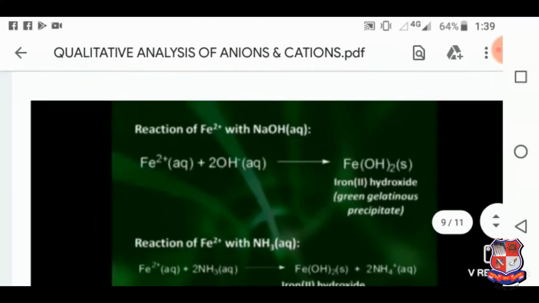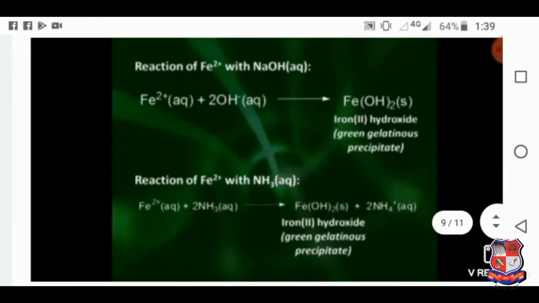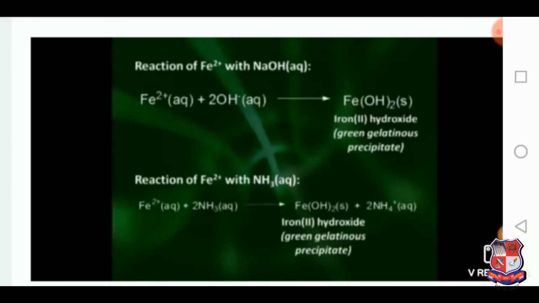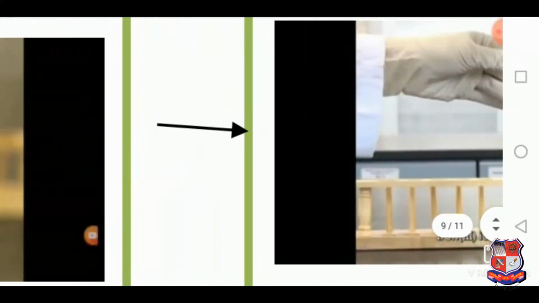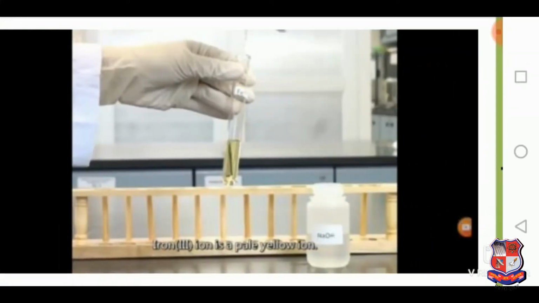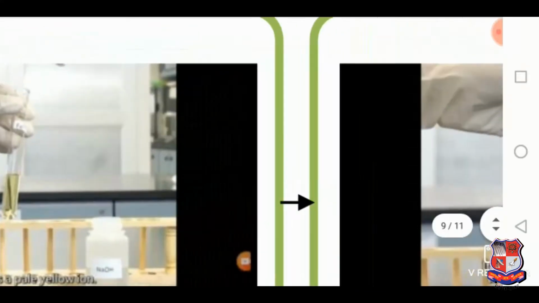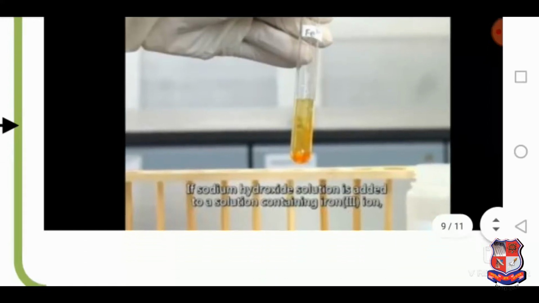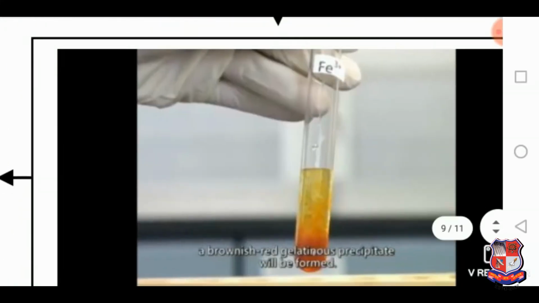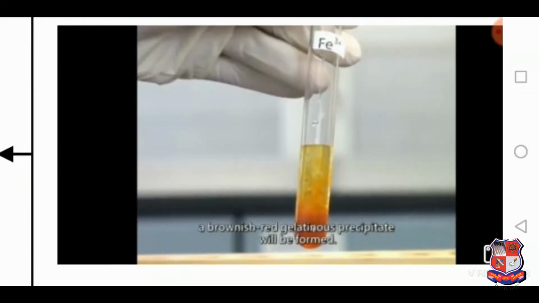This is a reaction of Fe2+ ion with NaOH and aqueous ammonia. Iron III ion, that is Fe3+. Iron III ion is a pale yellow ion. If sodium hydroxide solution is added to a solution containing iron III ion, a brownish red gelatinous precipitate will be formed.